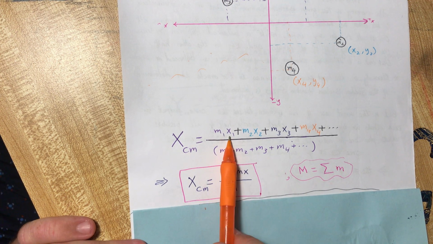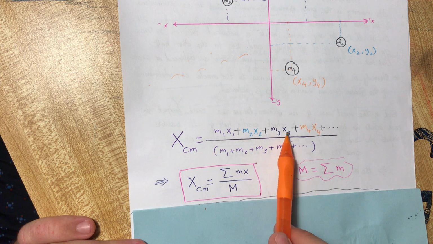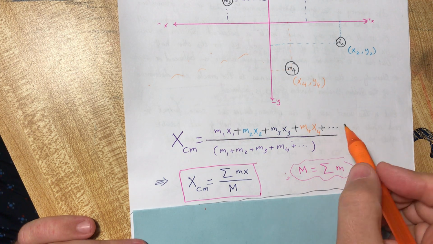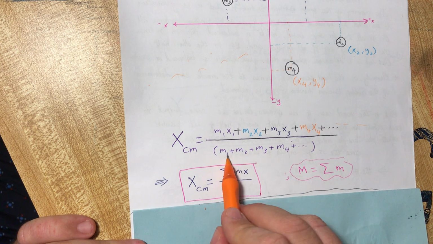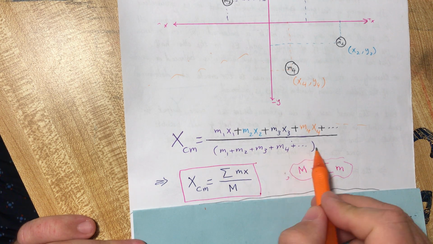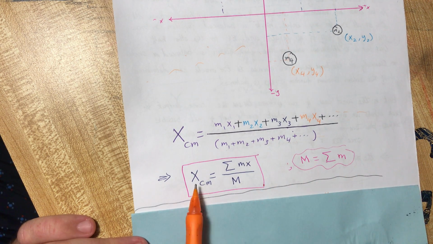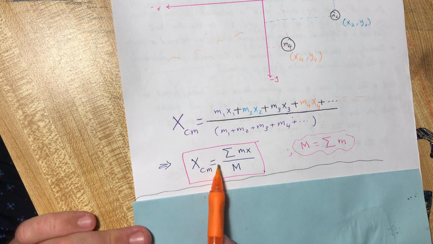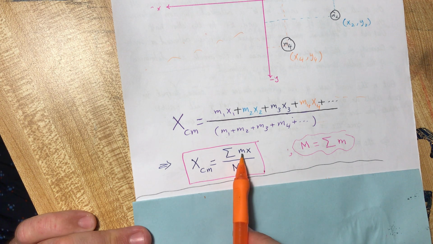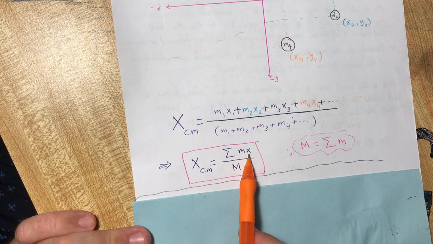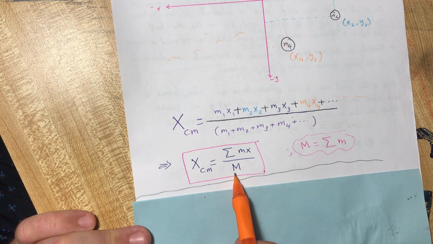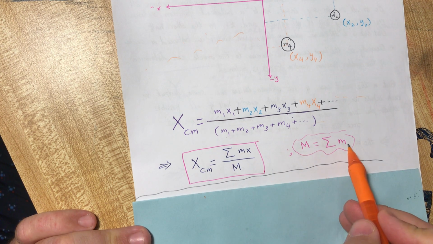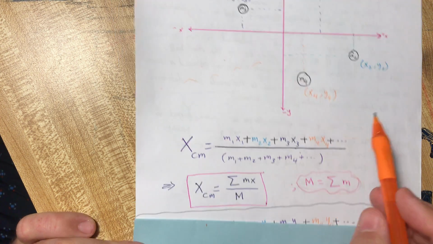Just m1 x1 plus m2 x2 plus m3 x3 and so on. If we have more masses, we can put them, divided by the summation of all masses, m1 plus m2, m3, m4, and so on. So x center of mass is equal to the summation of masses multiplied by their x positions, because we are talking about the x position of center of mass, divided by M capital. M capital is the mass of all the masses of the system.